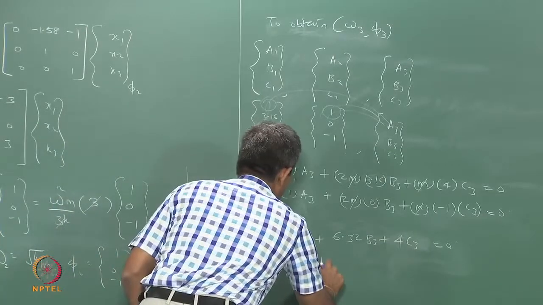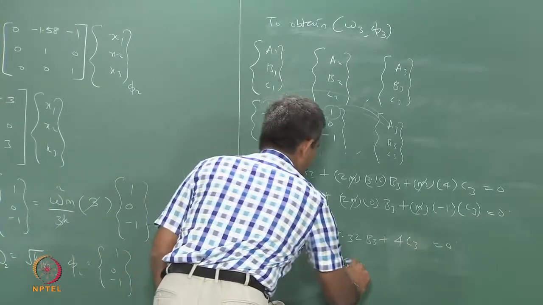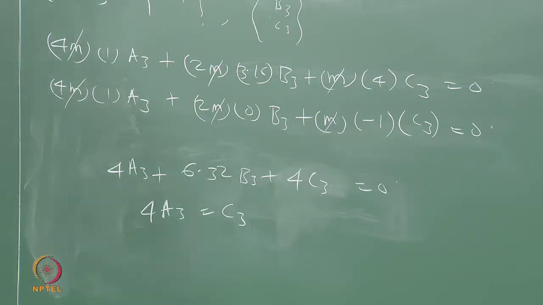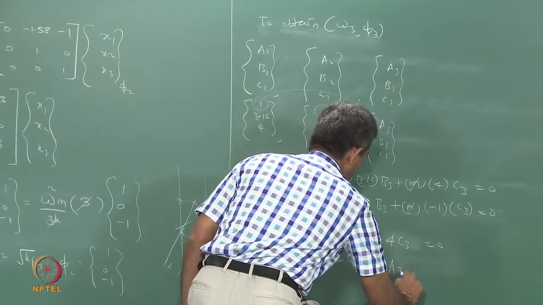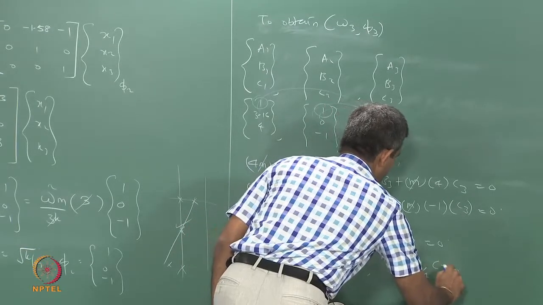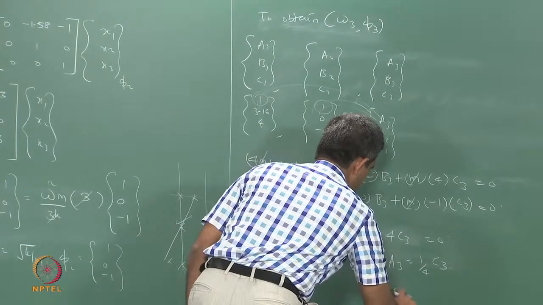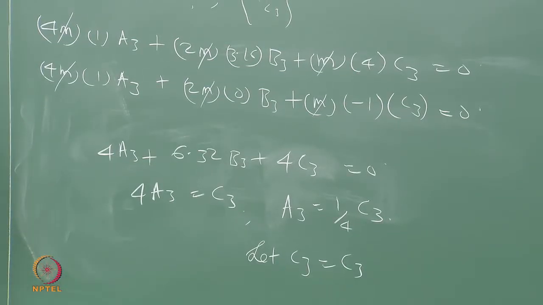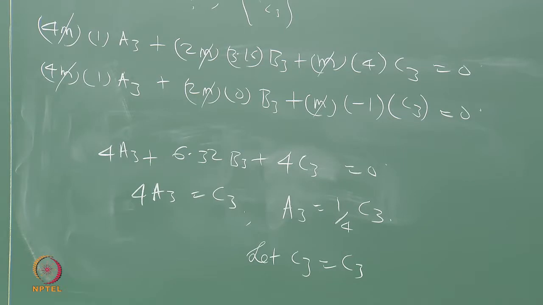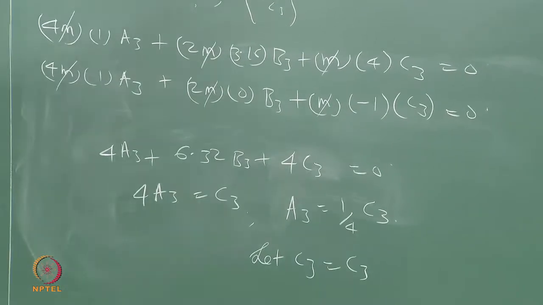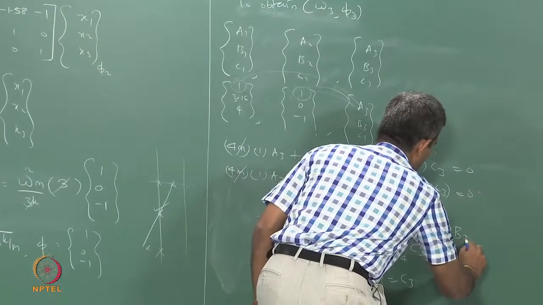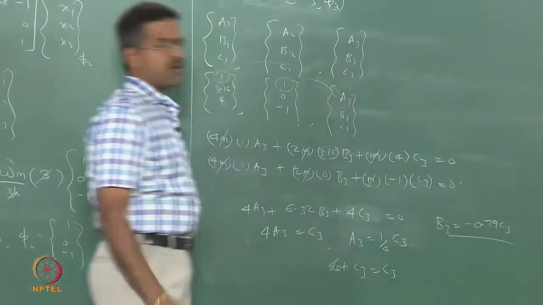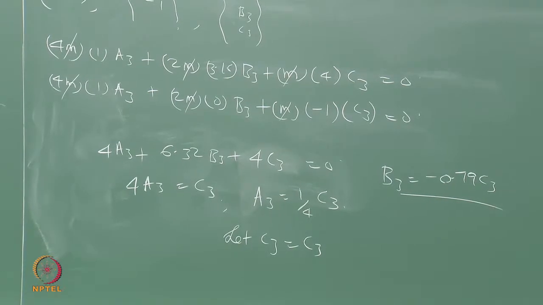Similarly, 4A3 is equal to C3. So, that tells me A3 is minus 1 by 4 of C3. Let C3 be C3, I can get B3, so all of them are now expressed as a multiplier of C3.